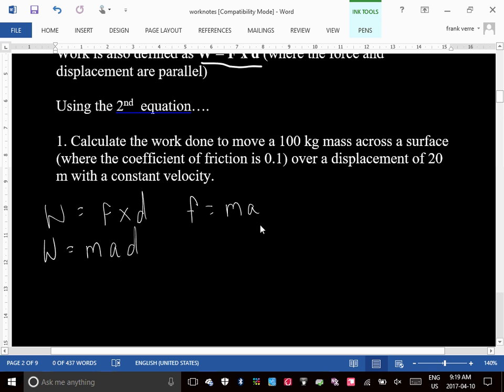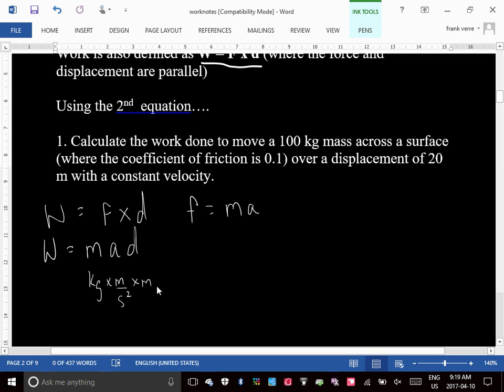So if you think about, we know what the unit for mass is, right? Kilogram. What's the unit for acceleration? Meters per second squared. And the unit for distance will also be in meters.